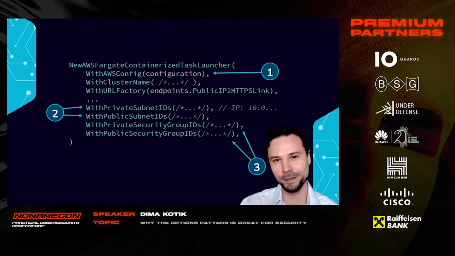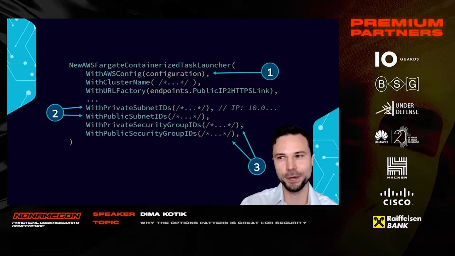Similarly, a security group ID option can access that security group and check the ingress and egress firewall rules to make sure that only certain types of traffic gets in and out of your container. And for each one of those options, you can also wrap them with additional functionality when you are presenting them to your Fargate containerized task launcher.